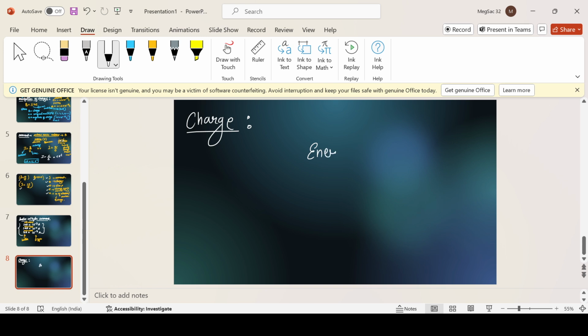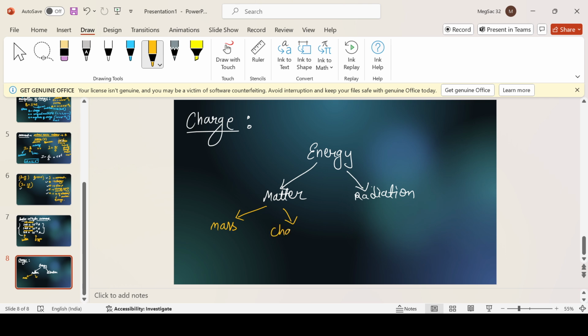There is only one thing, which is energy. This energy is further classified into two parts: one is the matter and another is the radiation. Now this matter is again classified into two parts: one is the mass and another is the charge. And radiation has only one part, which is termed as photons.